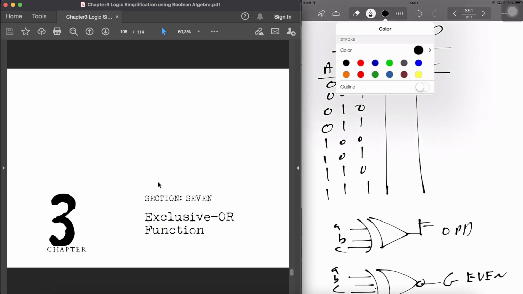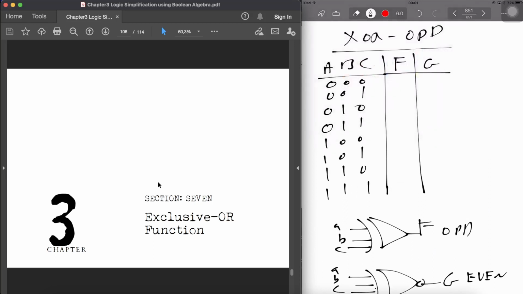Now, odd function, we are looking for an odd number of ones in the inputs. 000, it's 0. 001, 1 is odd. There's only a single one. Single one, two ones, it means even. Single one, two ones, two ones, three ones. So odds and evens are identified. And G, which is XNOR, is actually the even function.